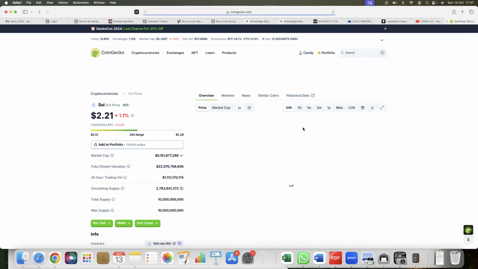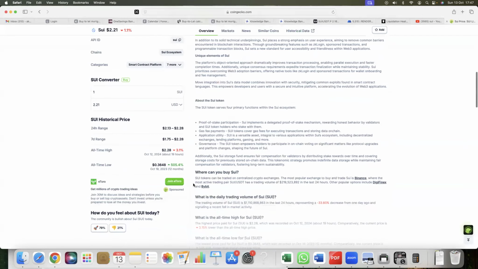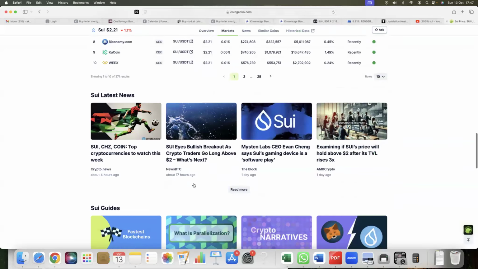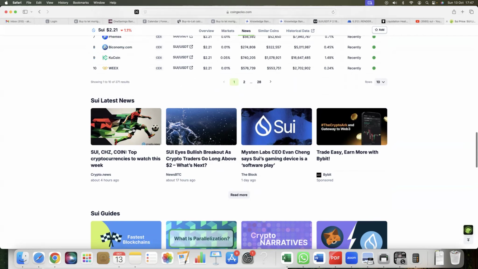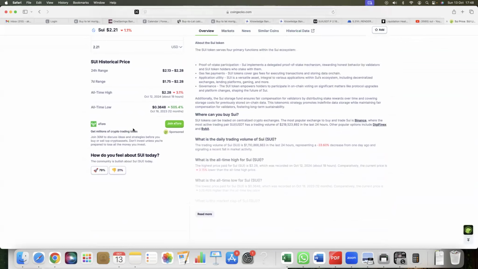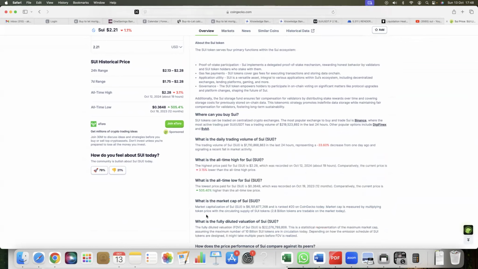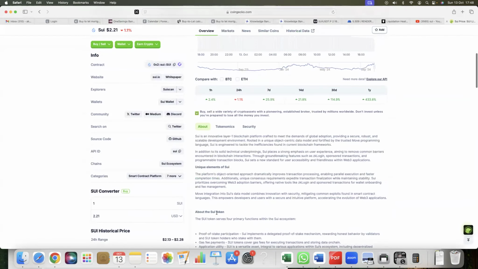Somebody will have the news on CoinGecko. I can't find the news, but yeah, there was news about almost a billion tokens being sold by the people who made the coin, right?